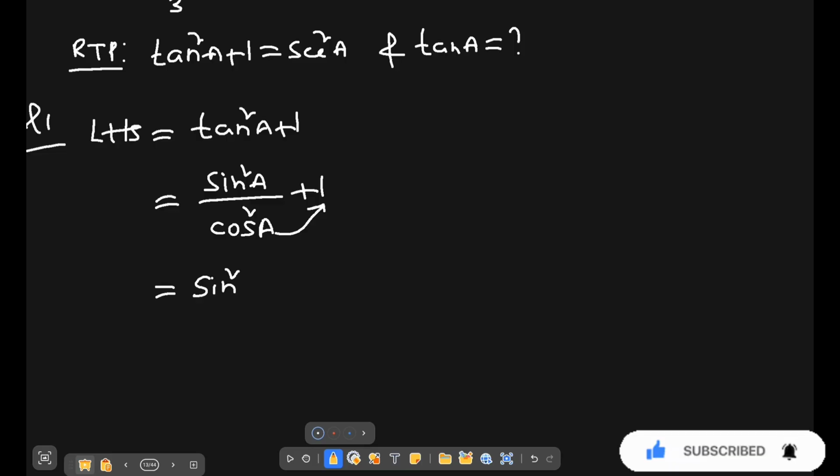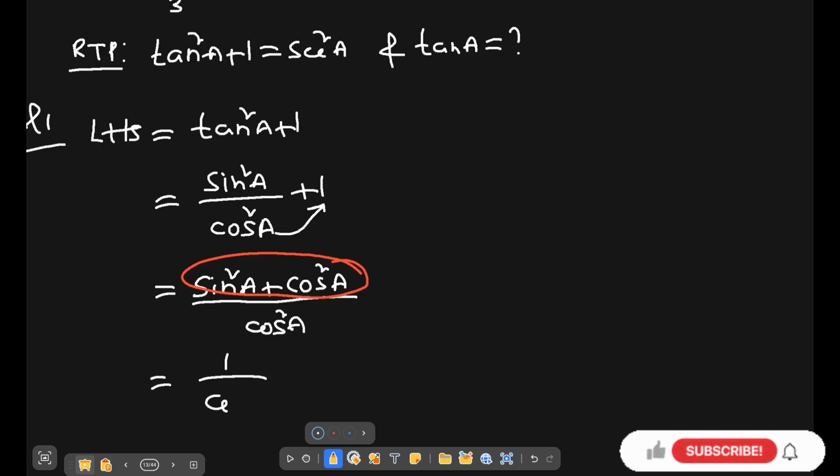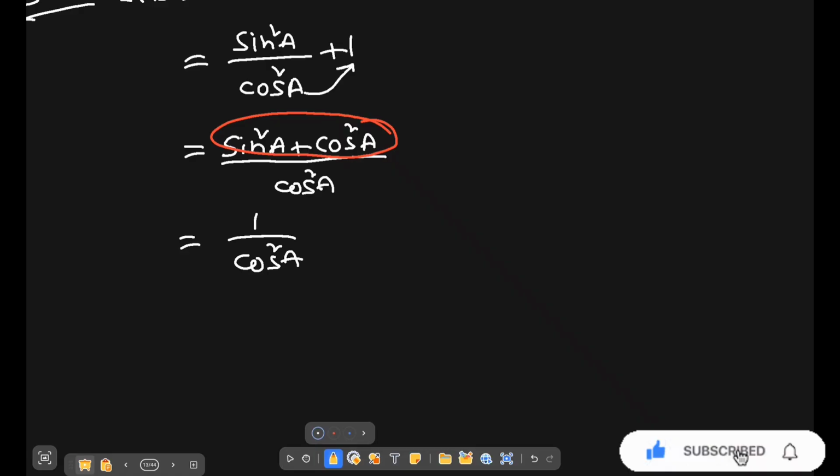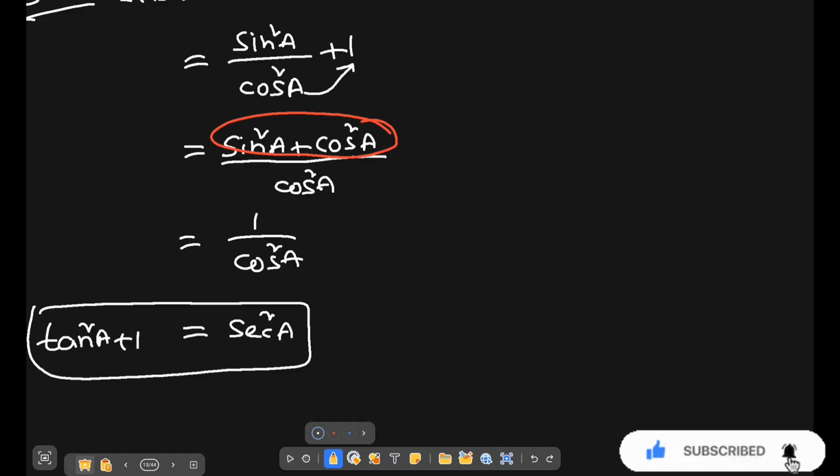Sin square a plus 1 into cos square a, whole by cos square a. It is given that sin square a plus cos square a is 1. Let's substitute 1 by cos square a. 1 by cos square a is nothing but sec square a. So therefore tan square a plus 1 is equal to sec square a. So this one is done.